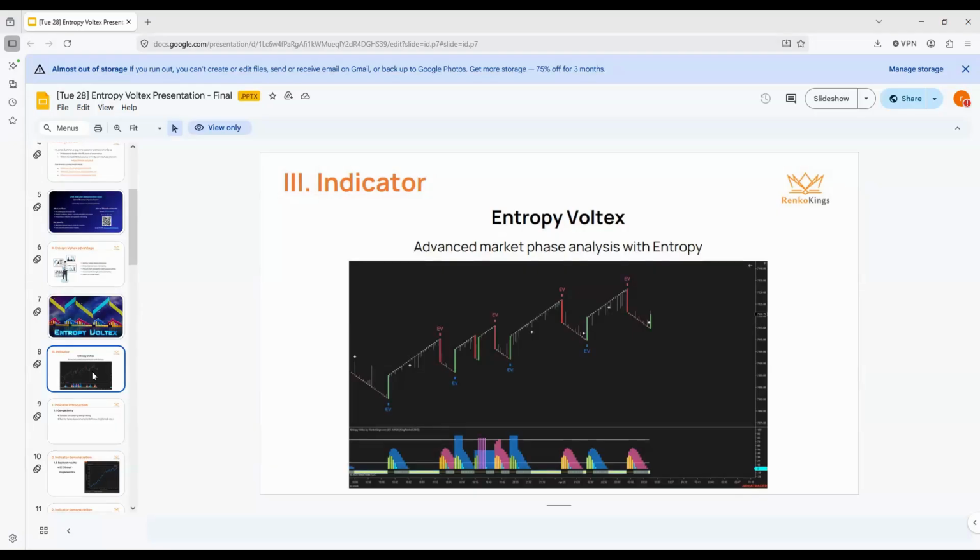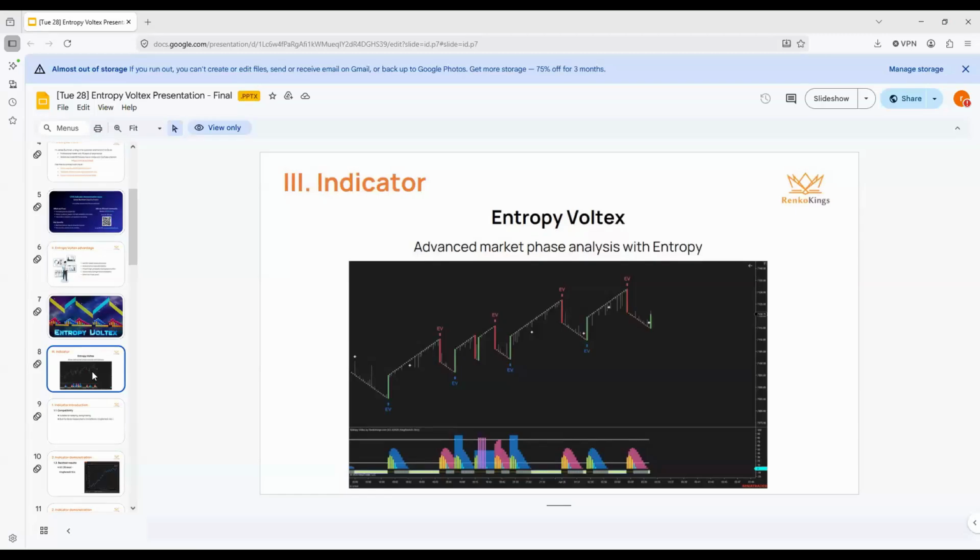Meaning, do we have a market that is chopping, going nowhere, range bound, no true direction, unstable? Or do we have a stable market where, sure, there are some pullbacks, but overall there is some kind of direction. The market is seeking to get somewhere with regular pullbacks, of course. So that's really what this indicator is about.